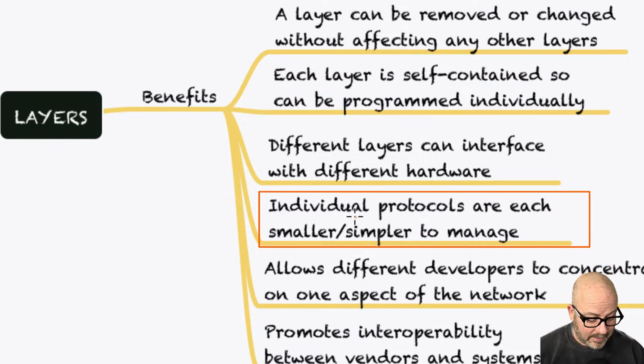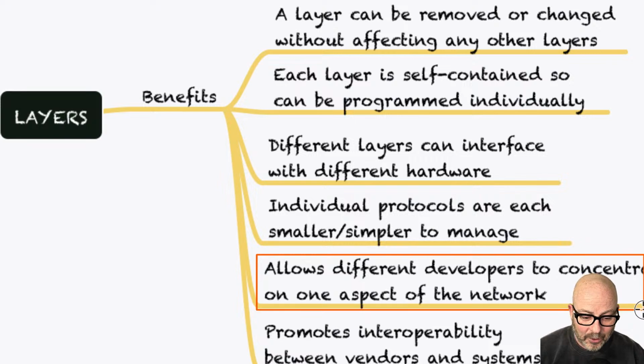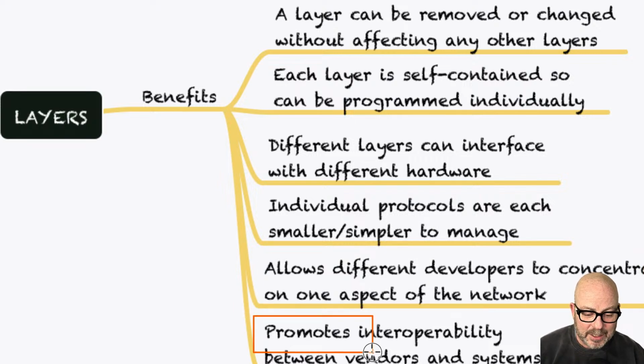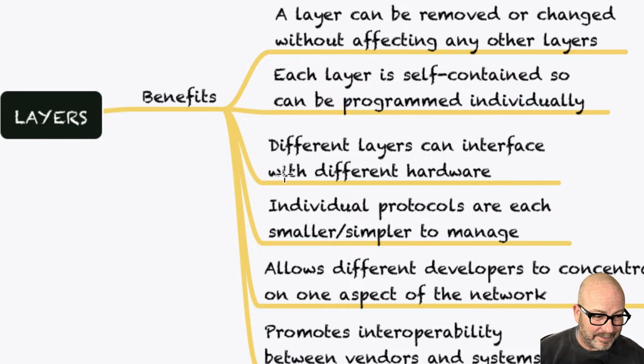And this means that different developers can concentrate on one aspect of the network. And it promotes interoperability, which means that systems will work between vendors like Philips and Samsung, or Apple and Mac. Not that Apple and Mac like things to work on each other's systems. They often try hard not to, but that's not the point here, because obviously they're rivals. But that is the benefit of layers.